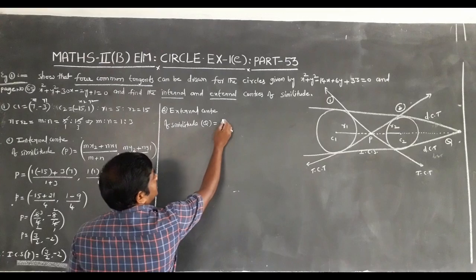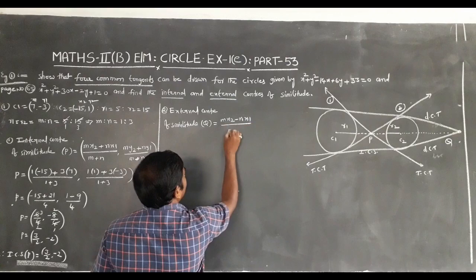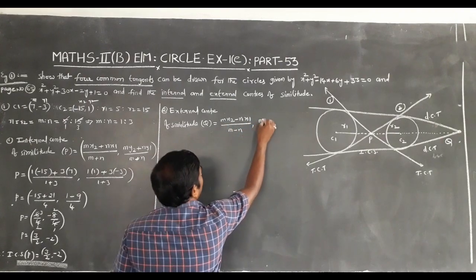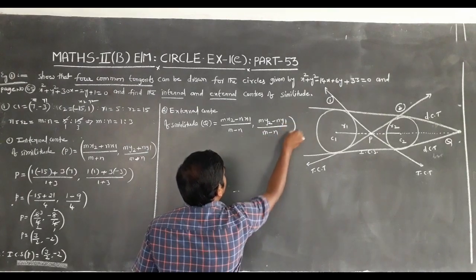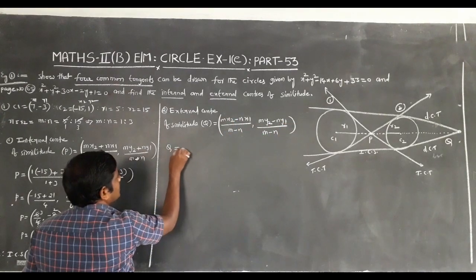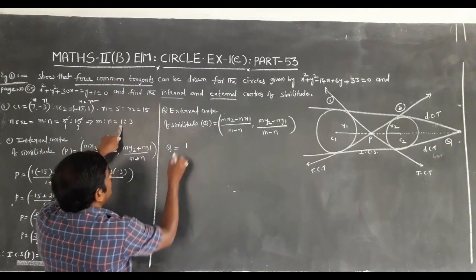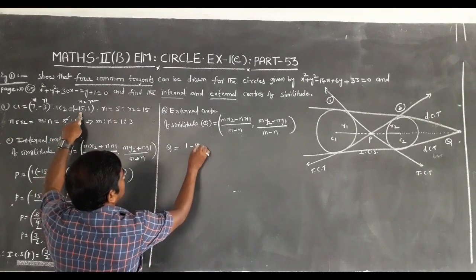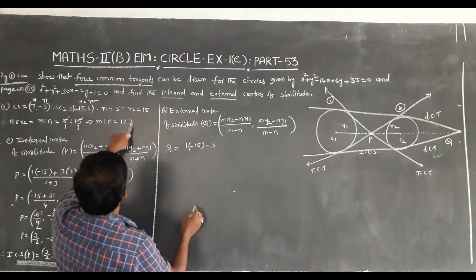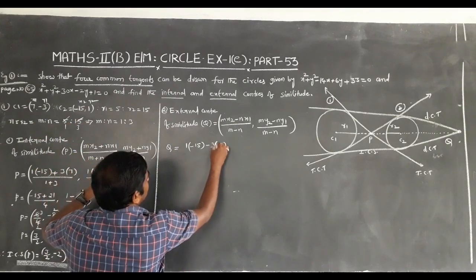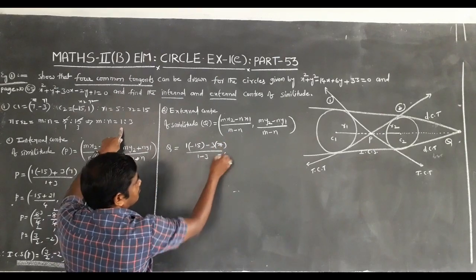External center of similitude is equal to (mx2 minus nx1) by (m minus n), comma, (my2 minus ny1) by (m minus n). Here m is equal to 1, x2 is equal to minus 15, n is equal to 3, x1 is equal to 7, all divided by m minus n, 1 minus 3.